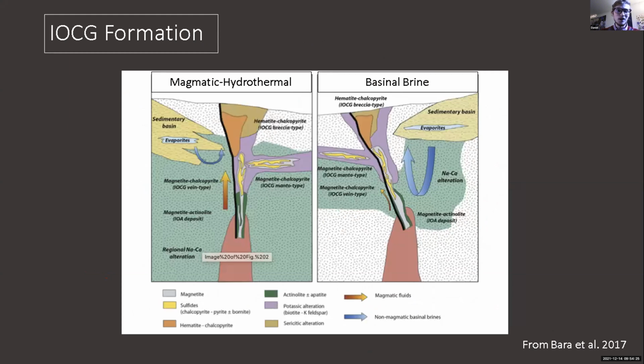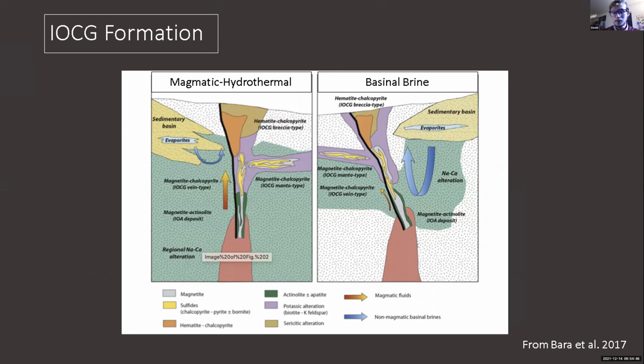So as Jose Tomas and others described earlier, there are two proposed end member models for IOCG formation. There's magmatic hydrothermal, as shown on the left, where fluids and metals are derived from a cooling magmatic intrusion, with contributions from volcanic host rocks.